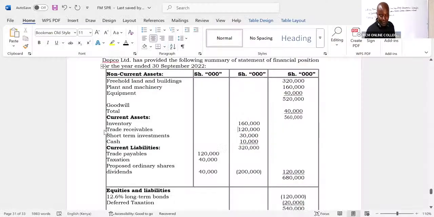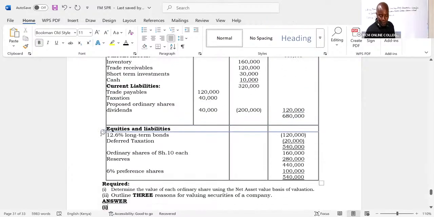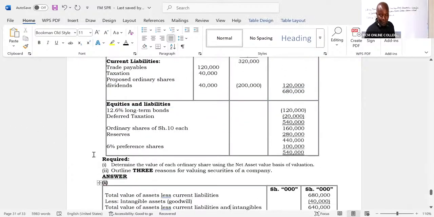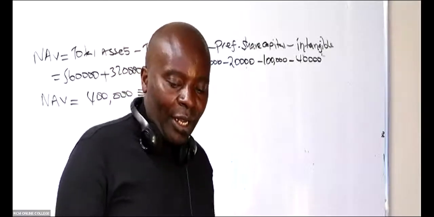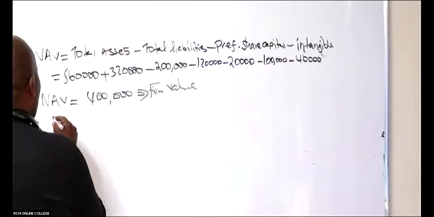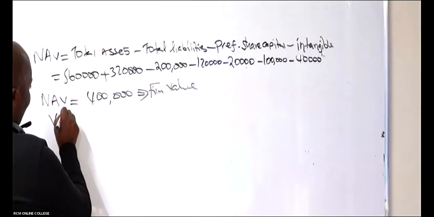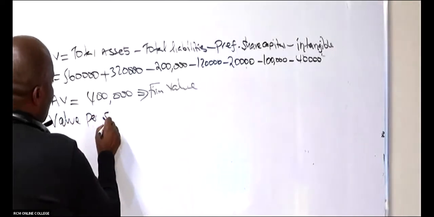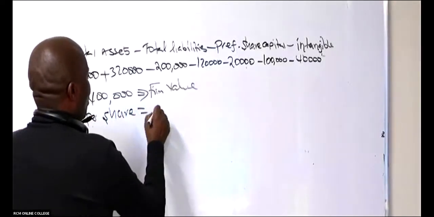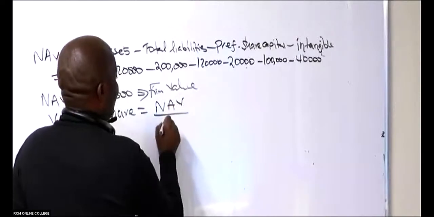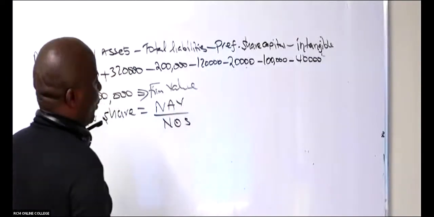If you look at this question, they want me to give them the value of each ordinary share using the NAV. So then the value per share will be equal to NAV divided by number of ordinary shares.